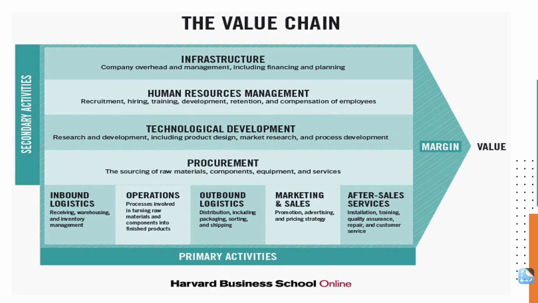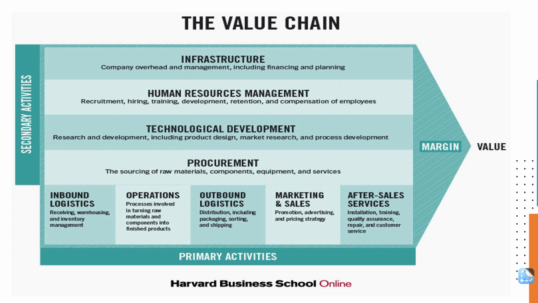So inbound logistics, operations, outbound logistics, marketing and sales, and after sale services are the primary activities which add value to the product, because here only we are adding value. In these processes we are adding value, right?